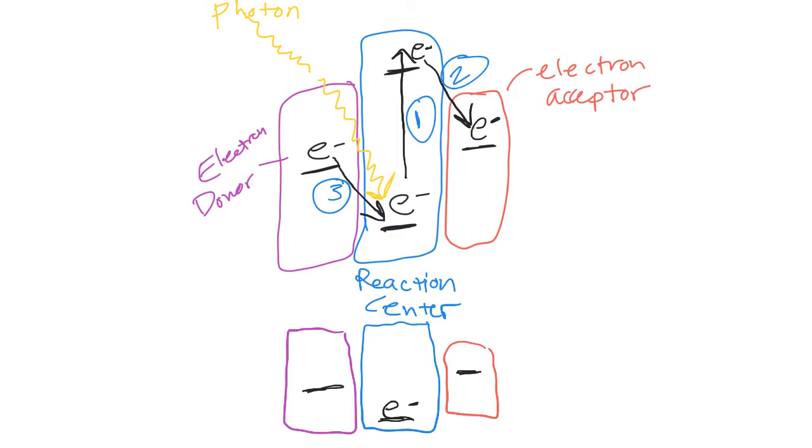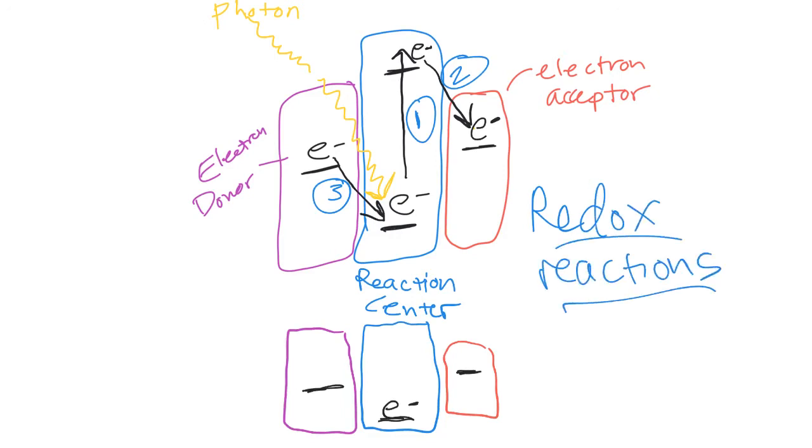And so we have then redox reactions occurring. Yeah, this is a redox reaction between the reaction center, a donor, and an acceptor. And then you'll have this same event happen multiple times throughout our light-dependent reactions in photosynthesis.